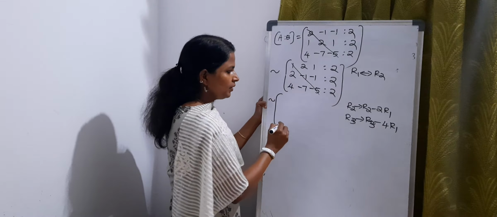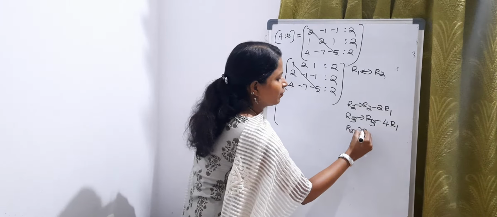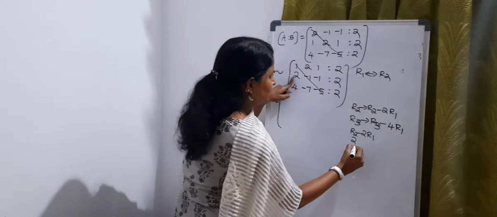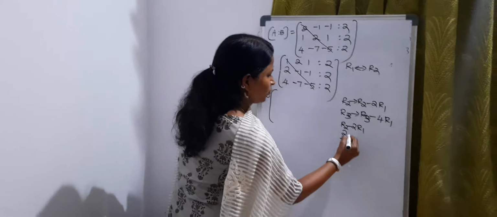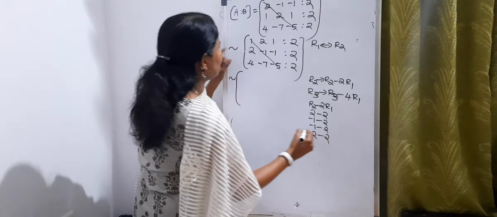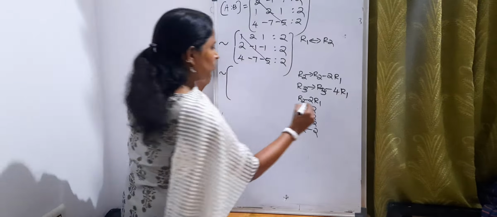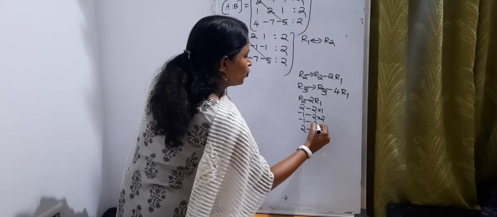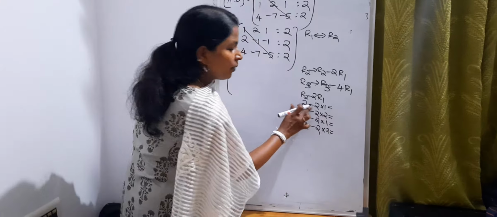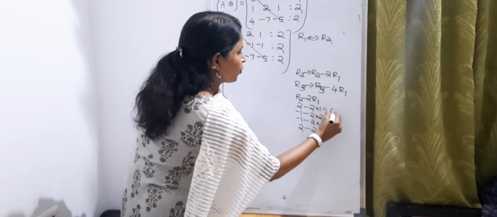Okay, listen, R2 minus 2 R1. What is R2? 2, minus 1, minus 1, 2. Minus 2 R1. What is R1? The corresponding R1 is 1, 2, 1, 2. That is 2 minus 2 into 1, which is 2 minus 2, 0.